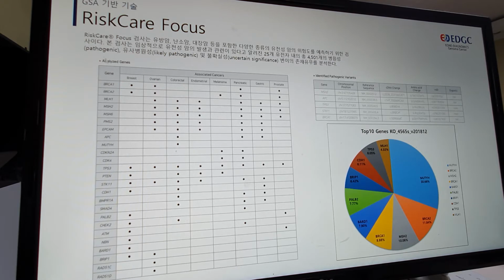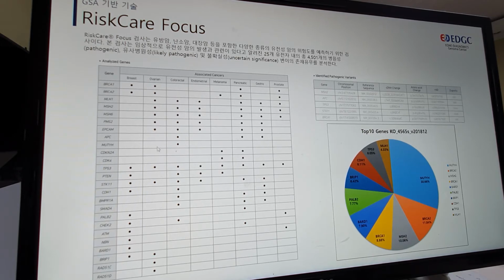And we also have another one, the risk care focus. So we found the most critical genes, 25 genes, which are related to cancer, and this cancer should be some inherited cancer.